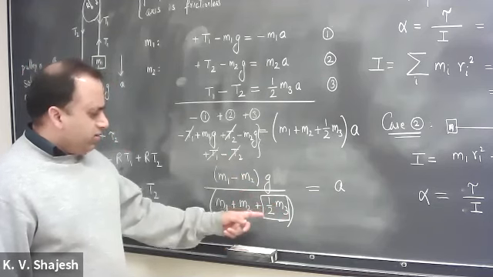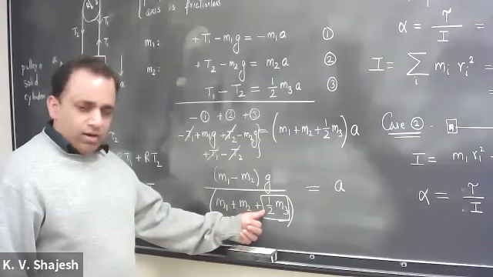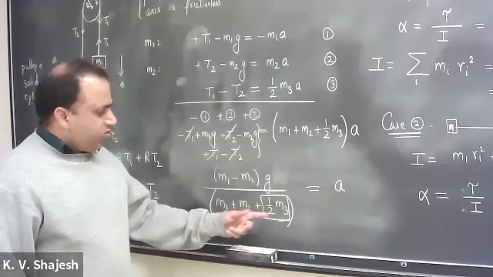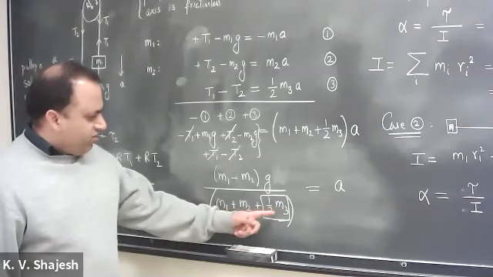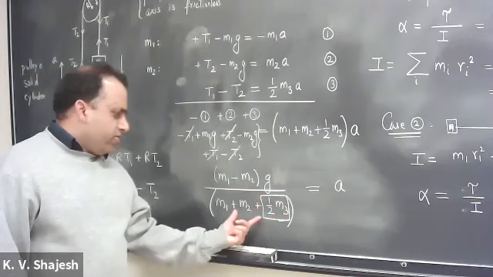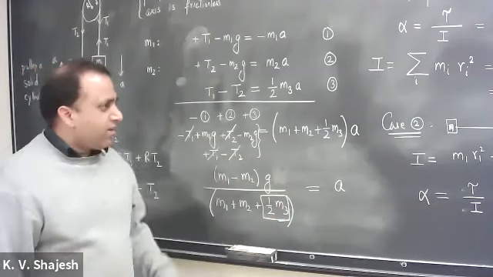If I had chosen this to be a cylindrical shell, this would have been 1, and that would have been larger, right? Half of M3 is smaller than 1 times M3, and I can change this accordingly. So a larger M3 or whatever contribution you get in here will contribute to a smaller acceleration.